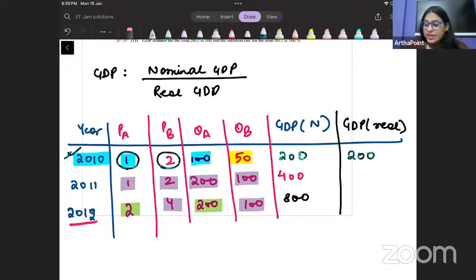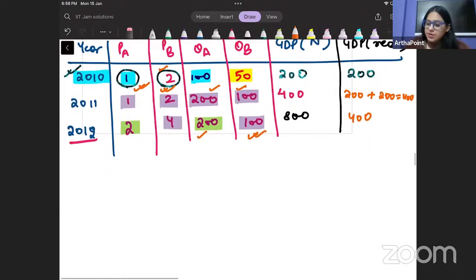But if you look into the next year, you will find that this is going to be 200 into 1, so that is 200, plus 100 into 2, that means again 200. So I will get 400. And if I look for the third year, you will find it is 200 into 1, 200, plus 100 into 2, that means 400.